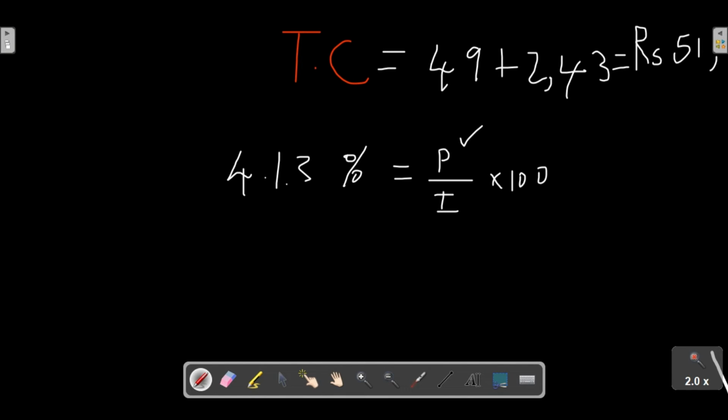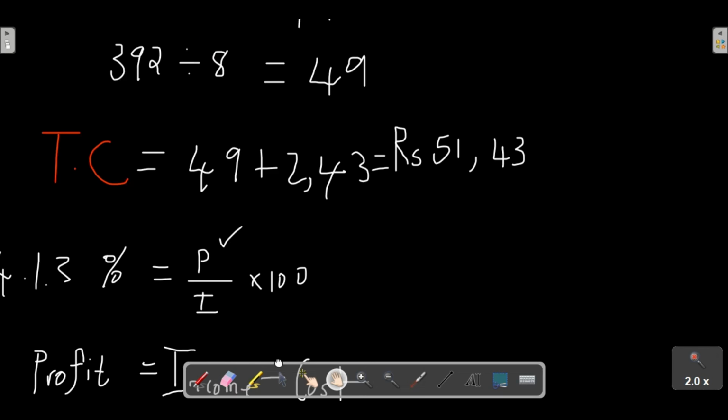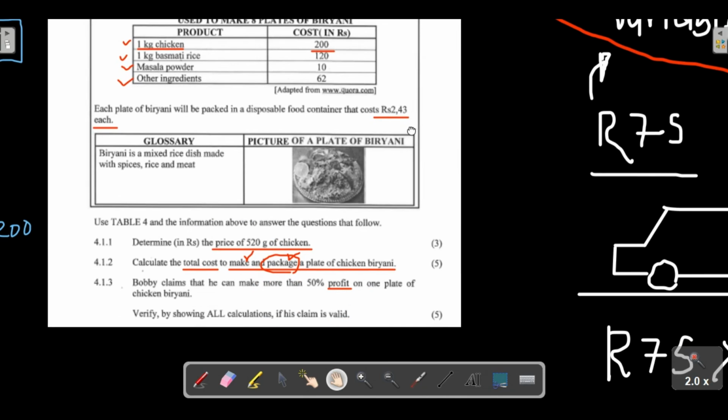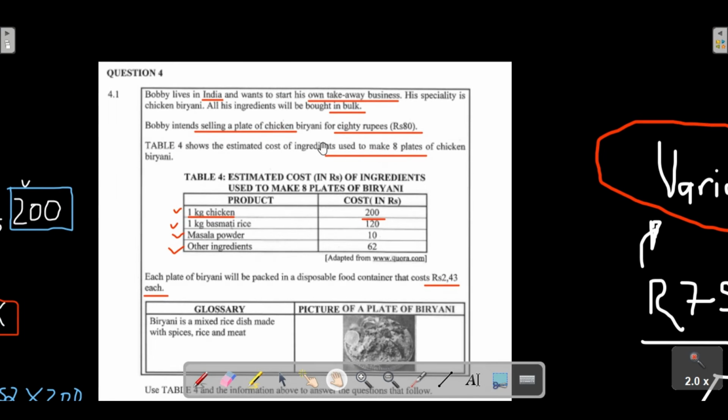So let's start with profit. The profit, as we know, is income minus expenses, or minus cost, right? So this is for one plate. So what do we know about income? Were we given anything on income? Yes, there we go. So Bobby intends selling a plate of chicken biryani for 80 rupees.